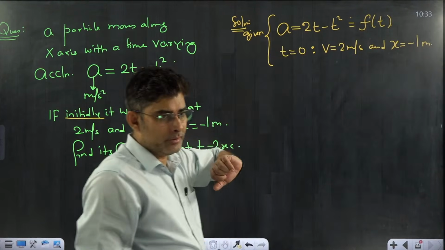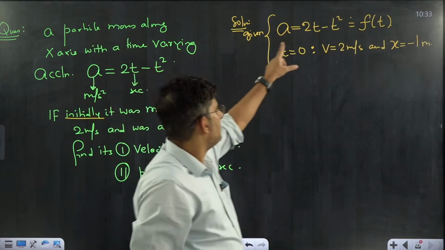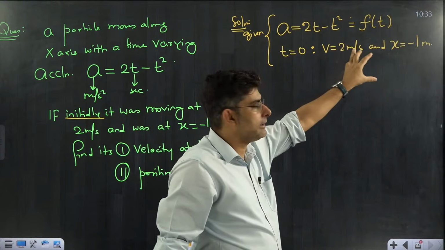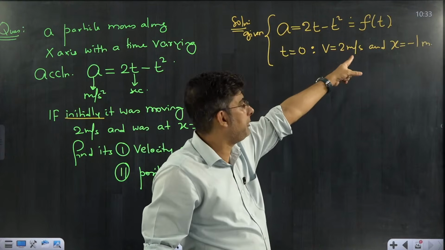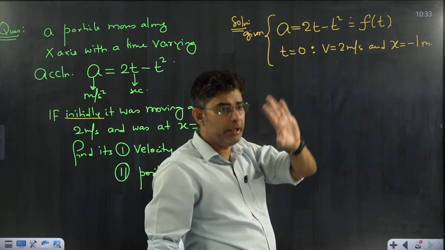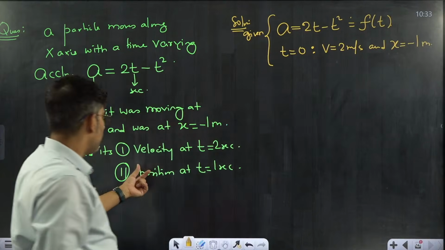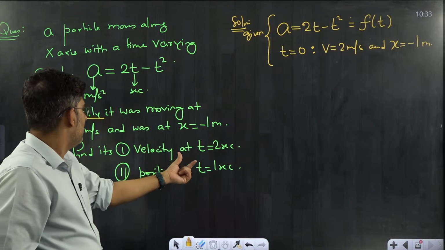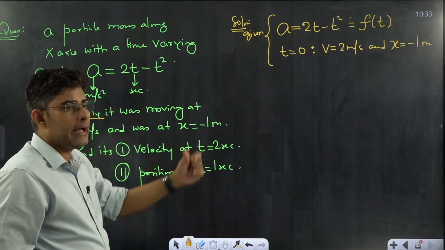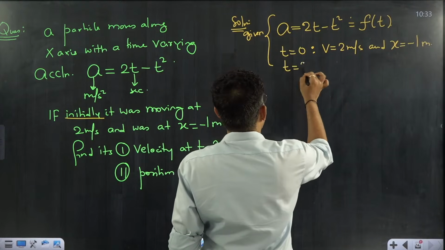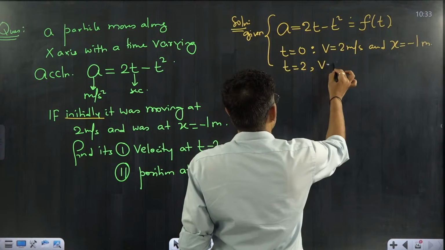These are given values. Clear? Acceleration is given as a function of time. At t equals 0, velocity is 2 meters per second, x equals minus 1. These are going to help you take the limits of integration if required. I have still not told whether integration is required or not. Next, the position at time t and velocity at time t. At t equals 2 seconds, they are asking for the velocity.